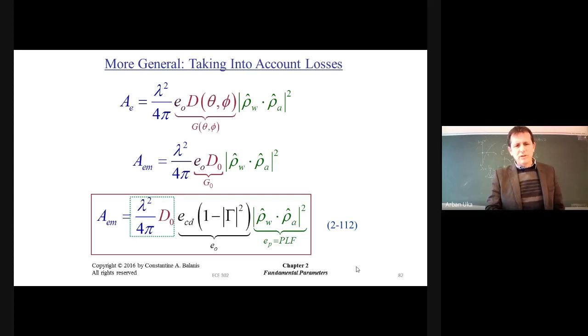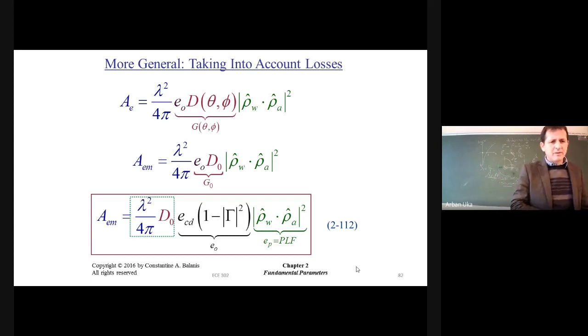The second component is the reflection coefficient, which happens at the boundary between the transmission line and the antenna. This reflection coefficient, as we've seen before, is just a loss, which means that from the generator through the transmission line, it will never make it into the antenna to be radiated later on. And then we are also including here the efficiency which comes from the polarization mismatch or polarization match between the antenna and the wave.